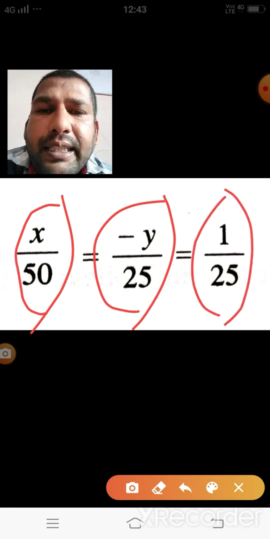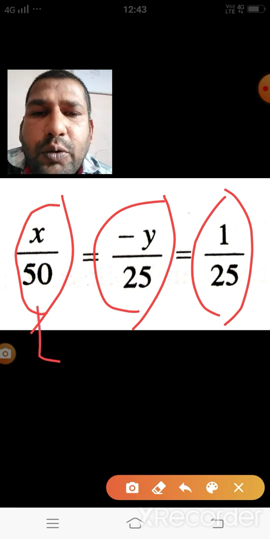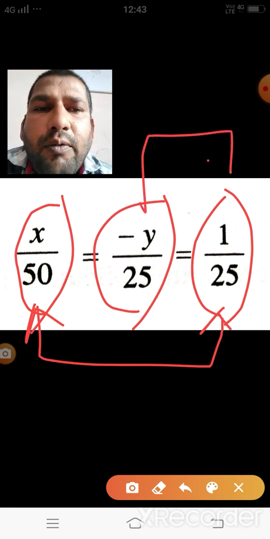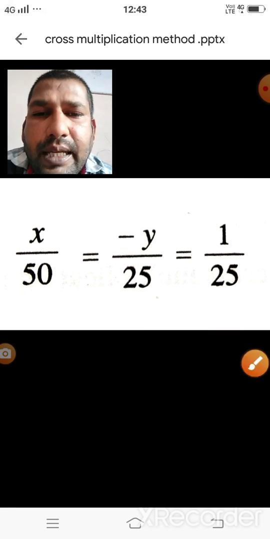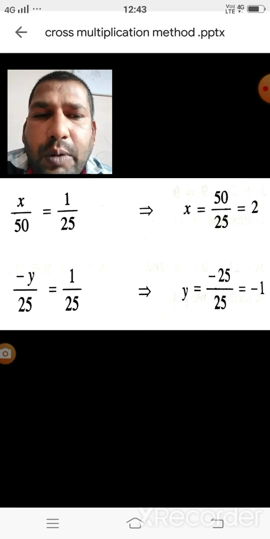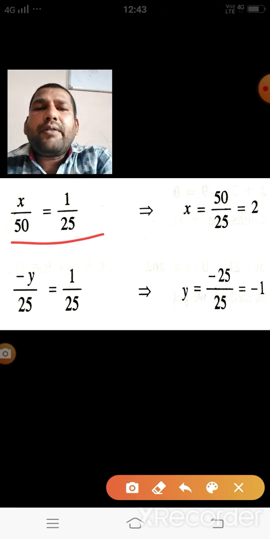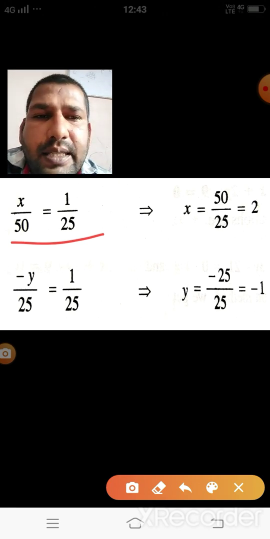Then again, for finding the value of x we have to equate these two expressions, the first and the third expression, and for finding the value of y we are equating the second and the third expression. And thus we are getting x upon 50 is equal to 1 upon 25, and on solving this we are getting 2.